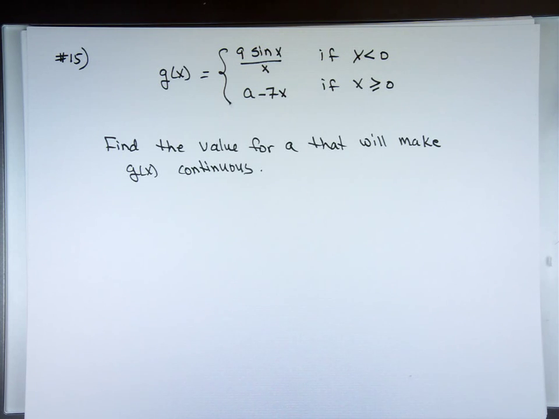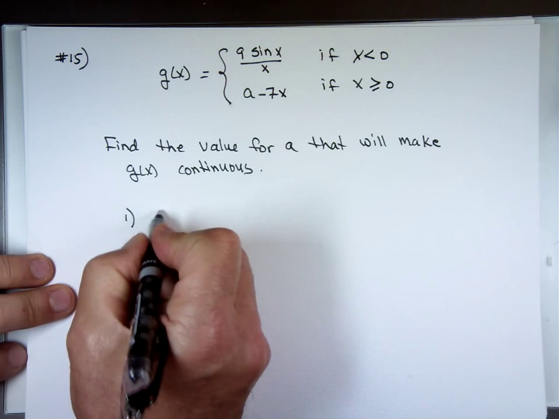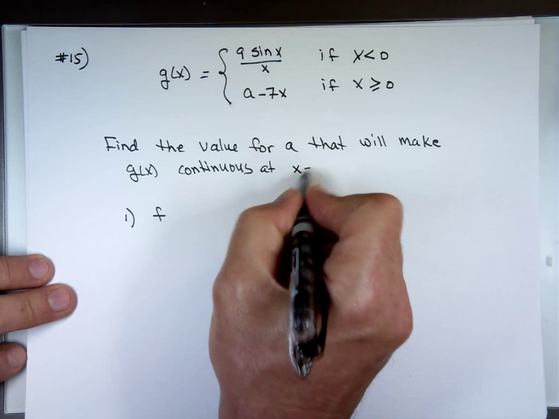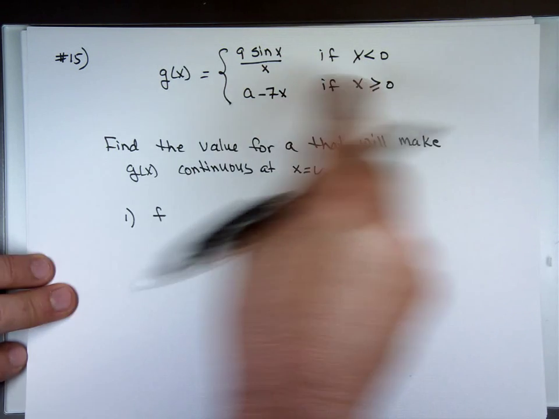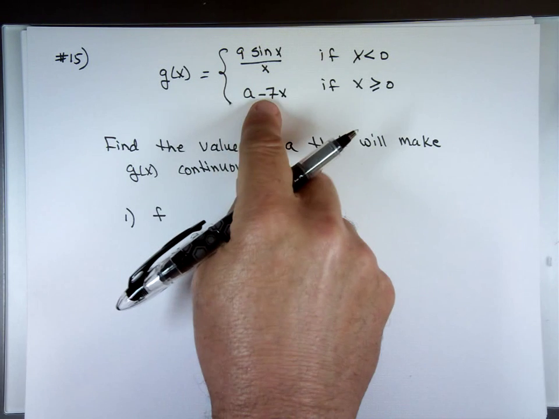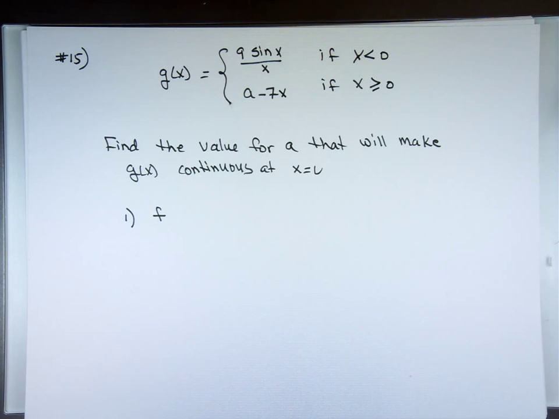Well, remember, to be continuous, there are 3 conditions. What's the first one? f of x must be defined. So to be continuous, I should be specific, at x equals 0, because that's where the break is. Remember, this is a sine function. A sine function is always continuous. This is a straight line. That's always continuous. So the question: are these 2 pieces going to meet each other or not? Because the sine function looks like this.